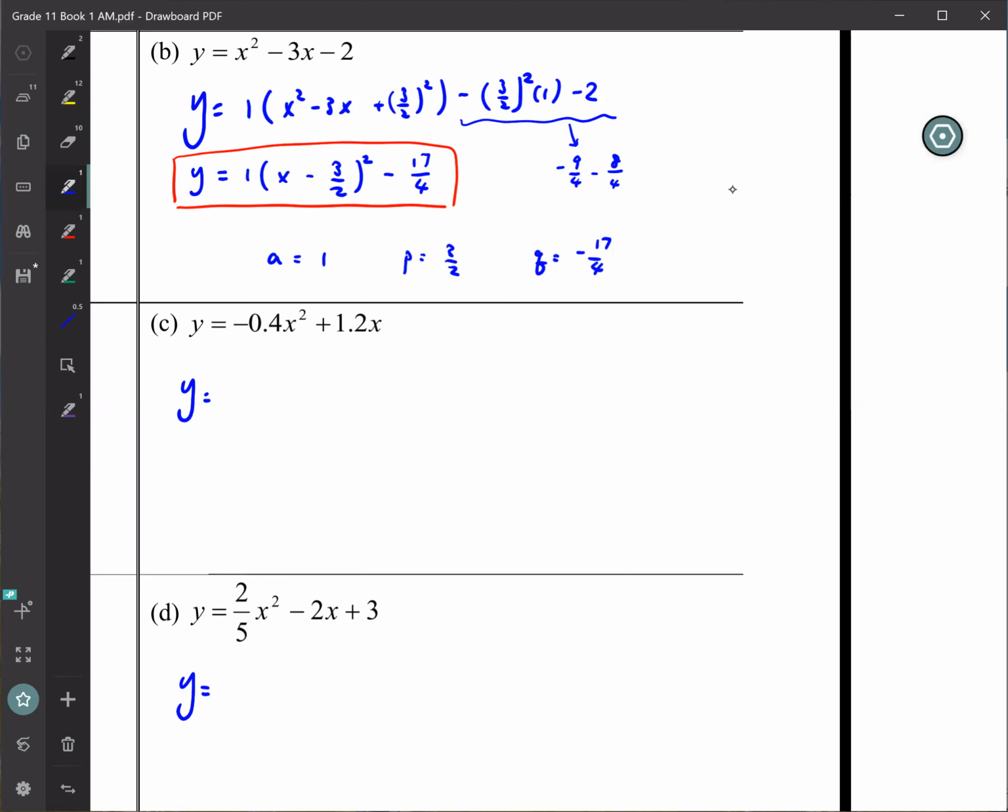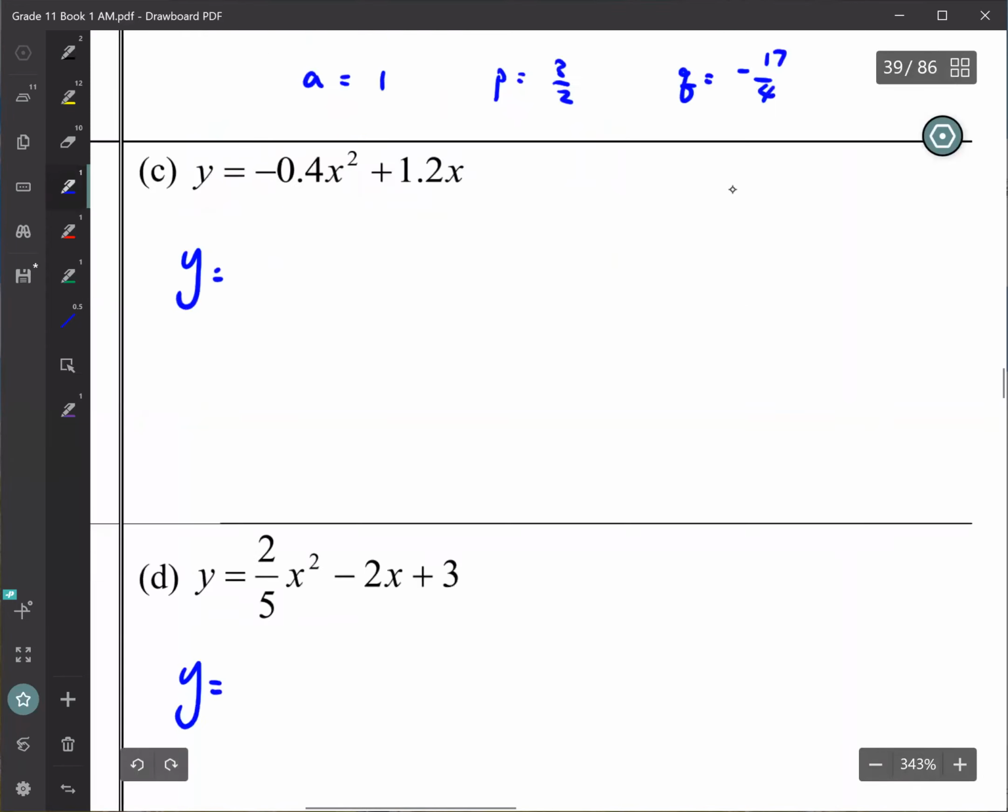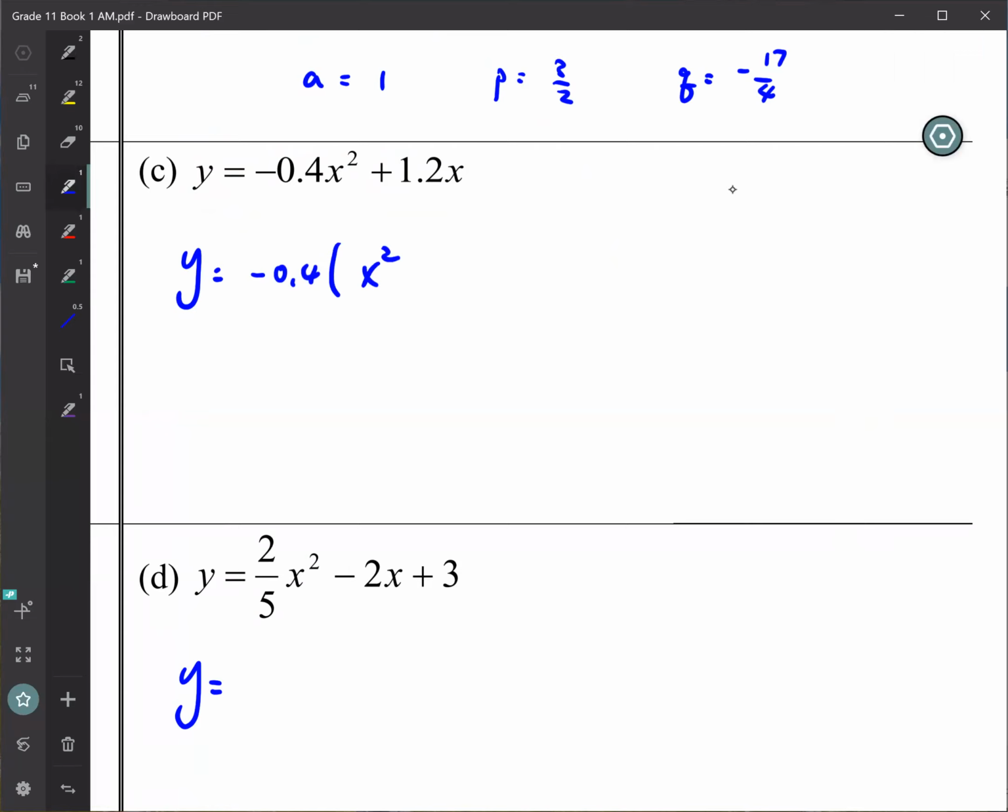Jason, can you help me on C? Sure, can you tell me what you have so far? I have y equals negative 0.4 bracket x squared. That's it? Okay, so you took out the negative 0.4, that's good. When you take out the negative 0.4 means you need to divide by that. Whatever you take out, you divide by that.